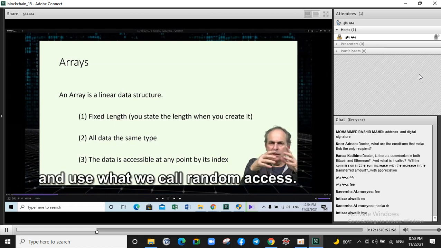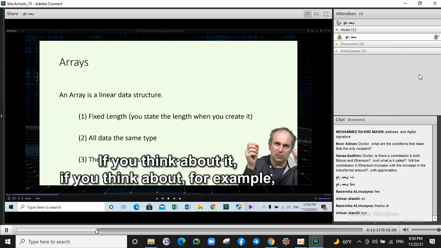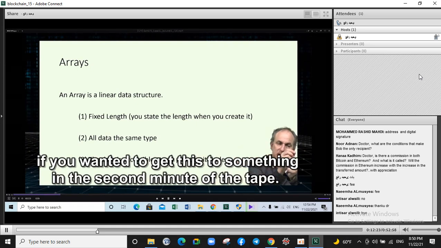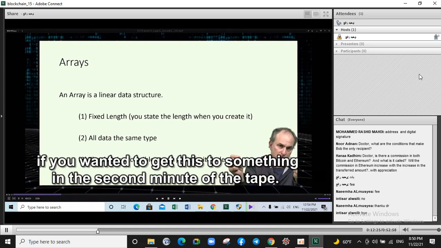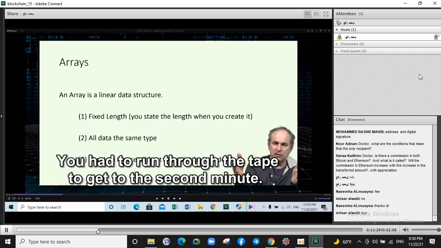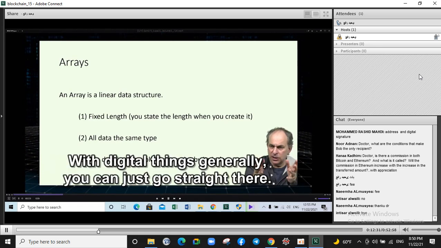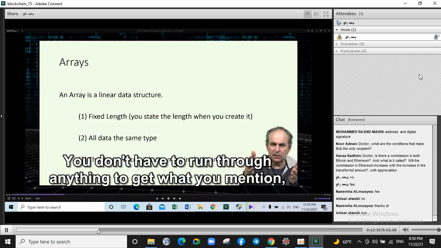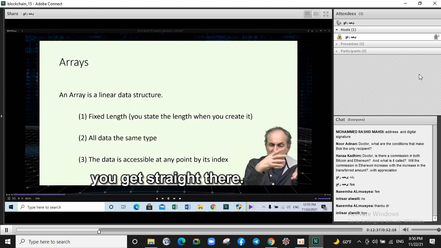If you think about, for example, in the old days when we used to do things with cassettes and tape, if you wanted to get to something in the second minute of the tape, you had to run through the tape to get to the second minute. With digital things, generally, you can just go straight there. You don't have to run through anything to get to 2 minutes. Actually, that's not necessarily true.